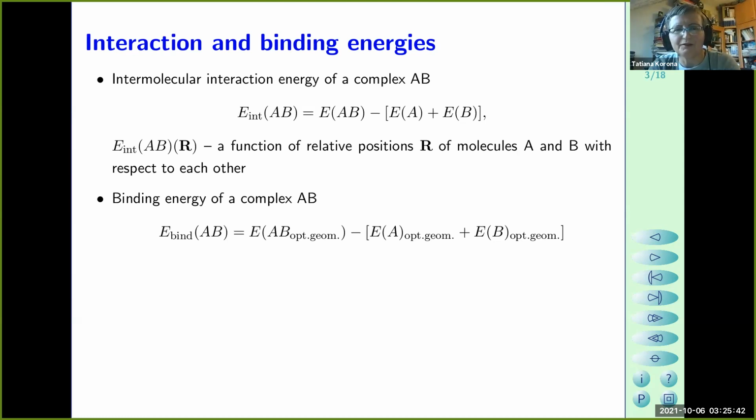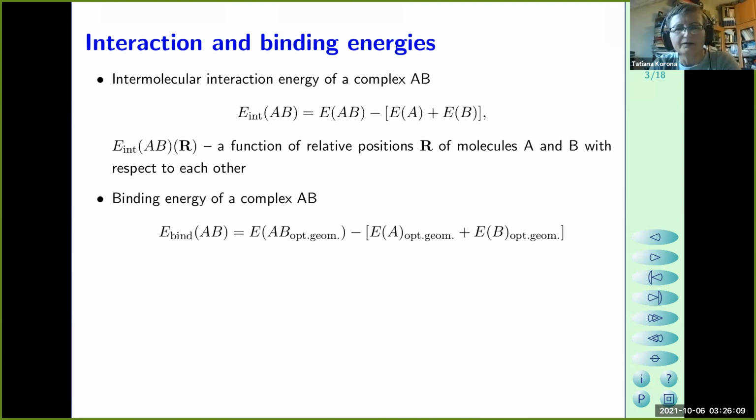The intermolecular interaction energy can be defined as the difference between the energy of the complex AB and molecules A and B. One can also define binding energy, but we will stick to the intermolecular interaction energy, which is a function of the relative position R of molecules A and B with respect to each other.